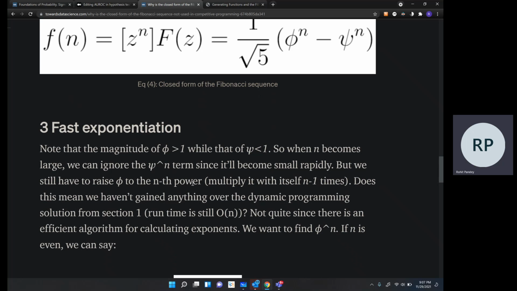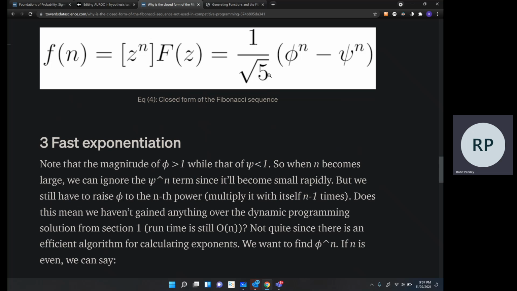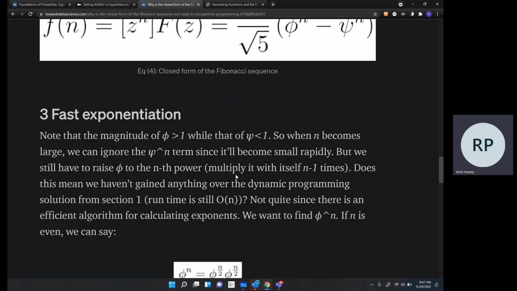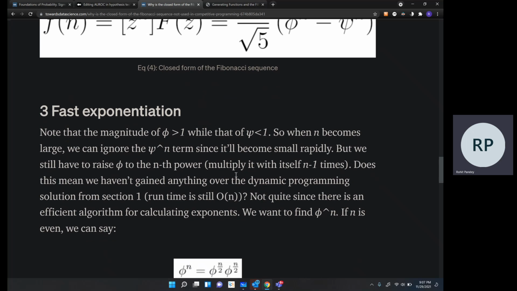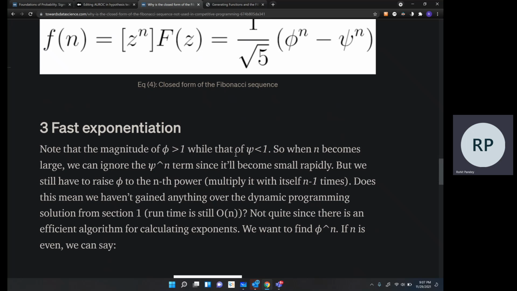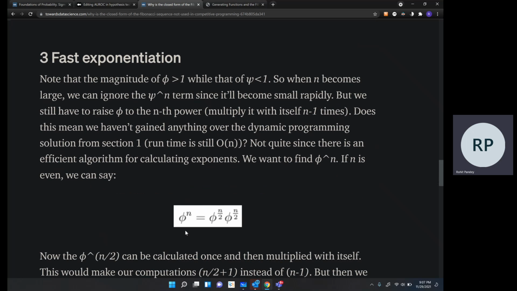But multiplying it n times is O(n), but there's a trick to make this much more efficient than O(n). Right now you need n minus 1 multiplications, but let's say n is even, you can write phi to the power n as phi to the power n by 2 times phi to the power n by 2.